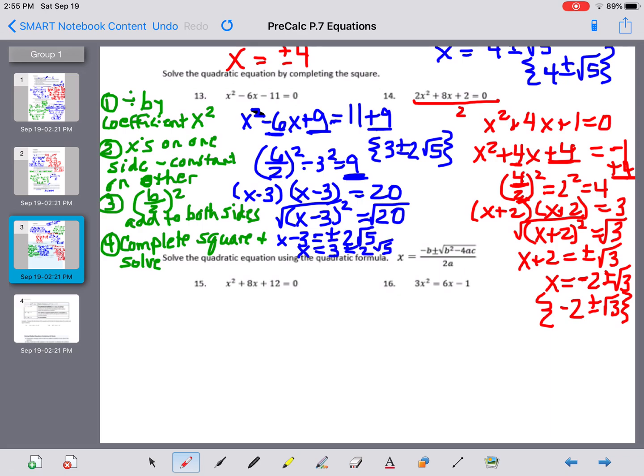Okay, so we solved by factoring, we solved by square root, we solved by completing the square. Now we're going to do the quadratic formula. I do want to throw out there, though, there are technically 5 ways to solve a quadratic. I'm not going to do the 5th way. The 5th way is by graphing to see where it crosses the x-axis.